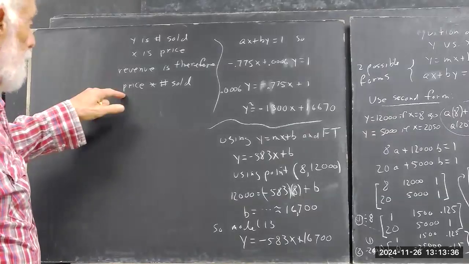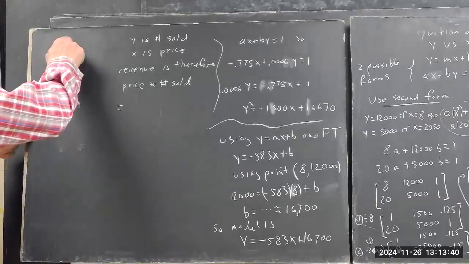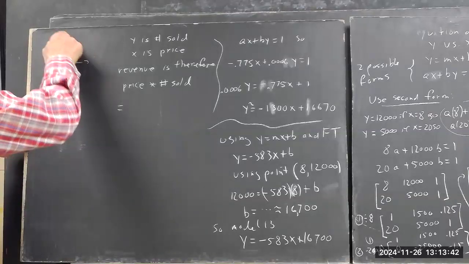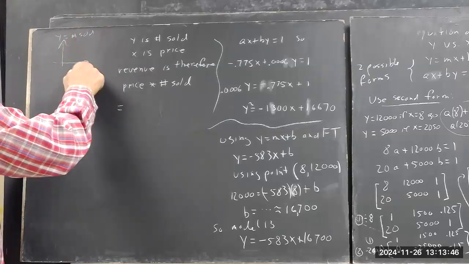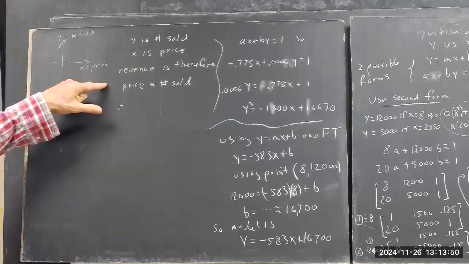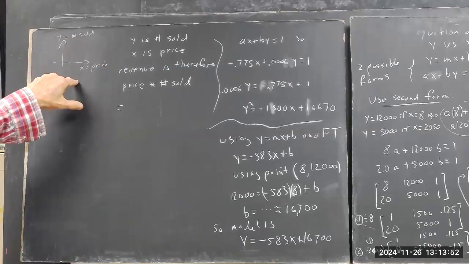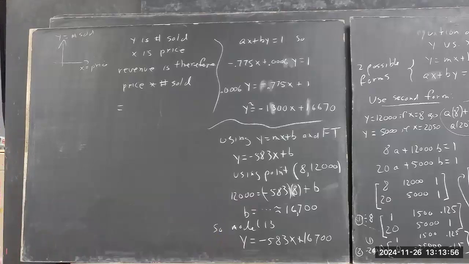So price times number sold, we look at the graph. Our graph told us it's already labeled on our graph. I'm just reminding us that's the meaning of X and Y. And that's exactly what we need to multiply. Okay.